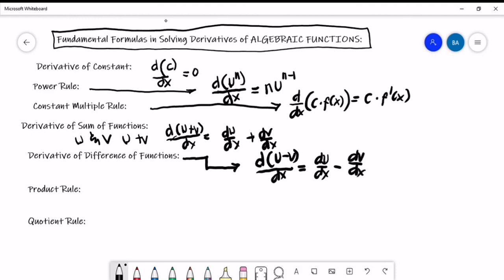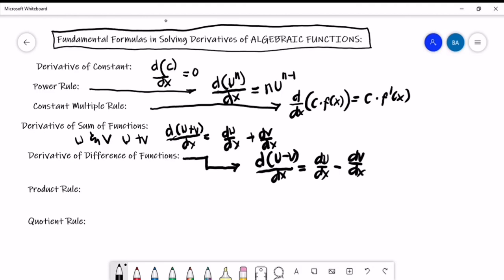It means that you will derive them separately. First we derive the u function with respect to x, and then the v function with respect to x. So the sum and difference of functions are the same in concept, as you observe, but the only difference is the operation.